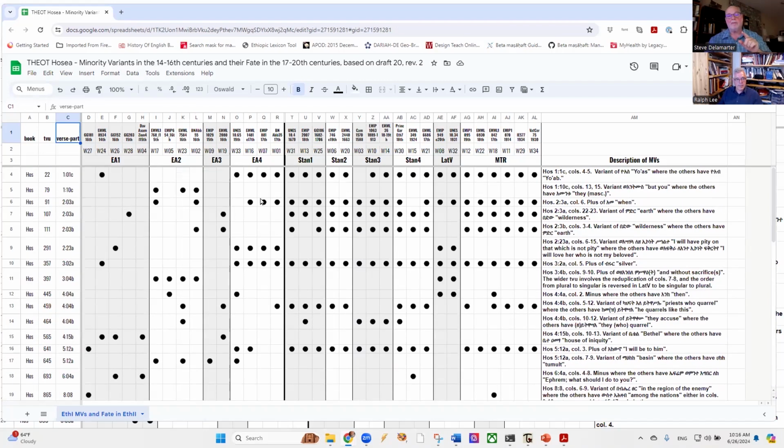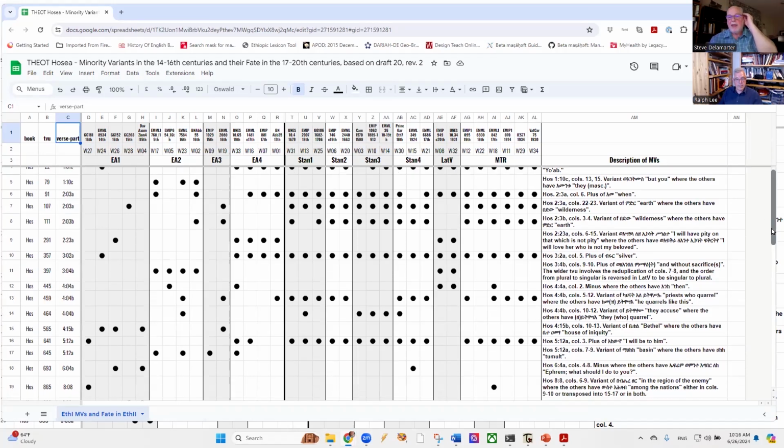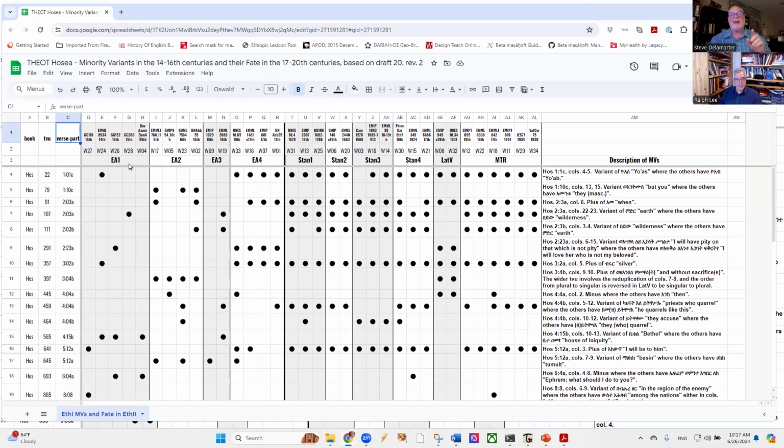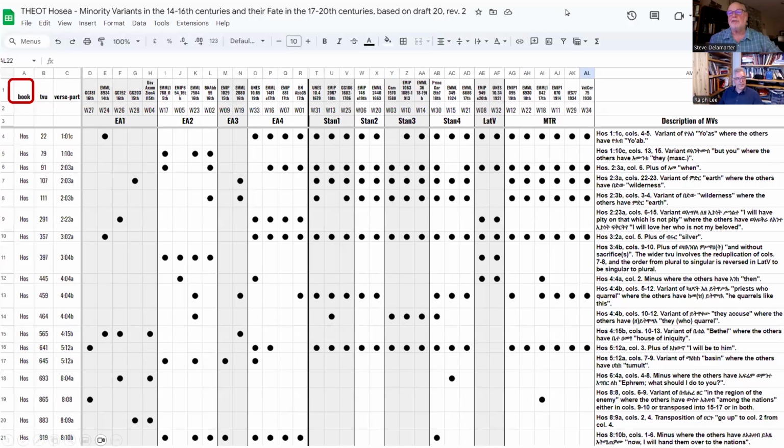That is a minority in this ETH1 period. And the manuscripts that have those minority variants. And so this gives us a very precise set of information. Dr. Lee, walk us through the details of this spreadsheet.